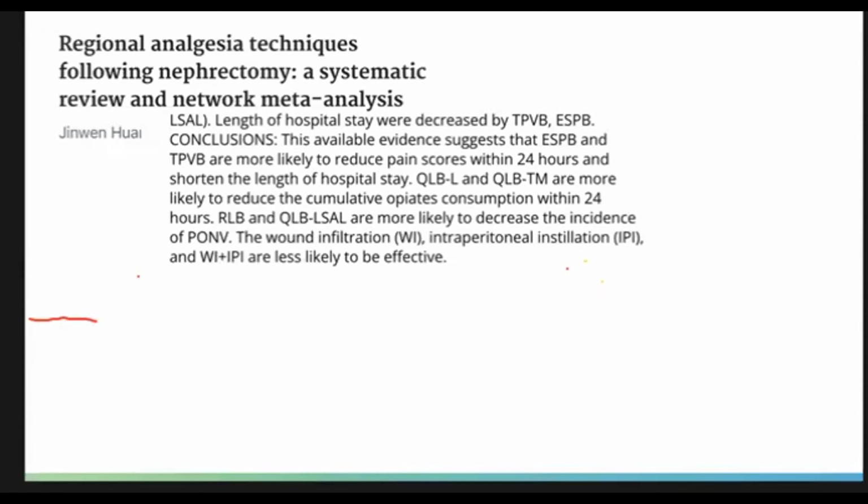And the best part of nalbuphine is that it is a partial agonist as well as antagonist. So it will block mu receptors, but the kappa receptor will not be blocked. So some analgesic action will be there even after the reversal of the opiates.